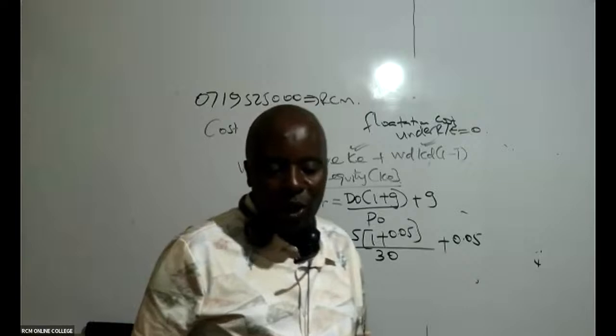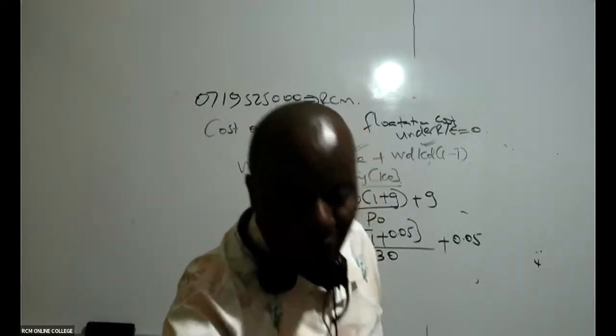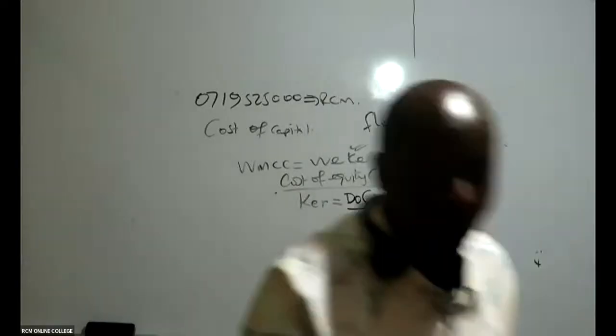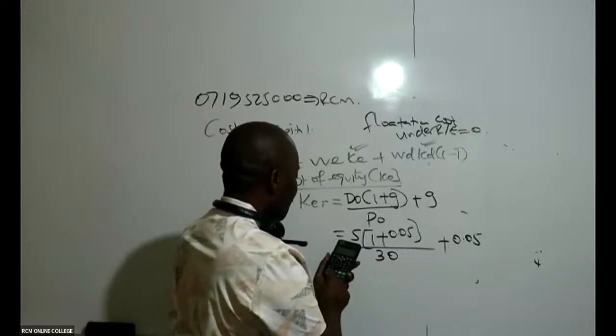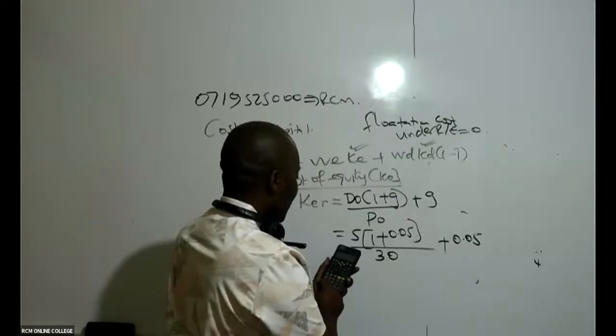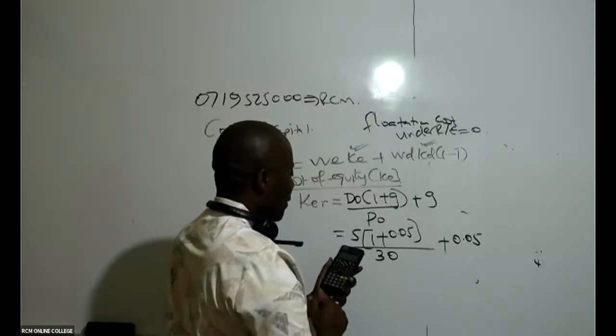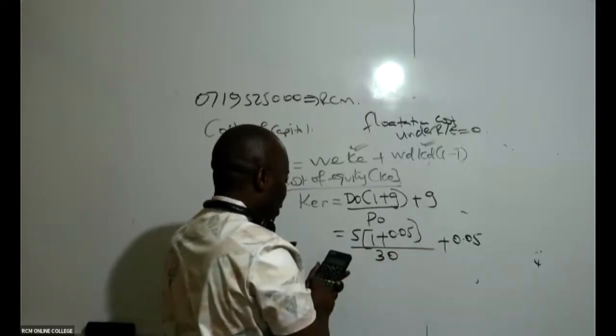So let us get all of us our calculators. If we get our calculators, we are saying 5 times, into brackets, 1 plus 0.05, close, divided by 30, equals. Whatever I get, I add the growth rate, plus 0.05.